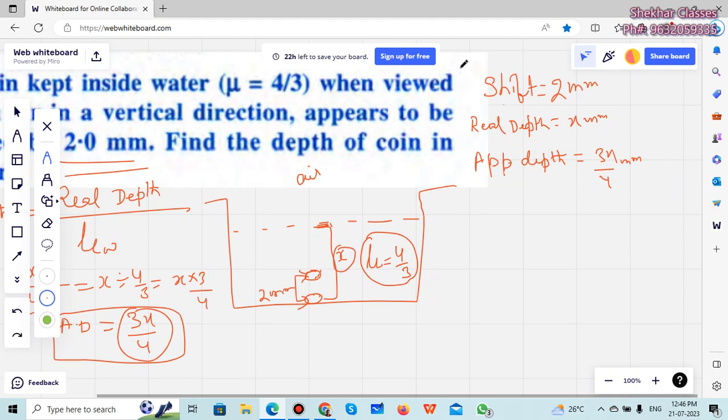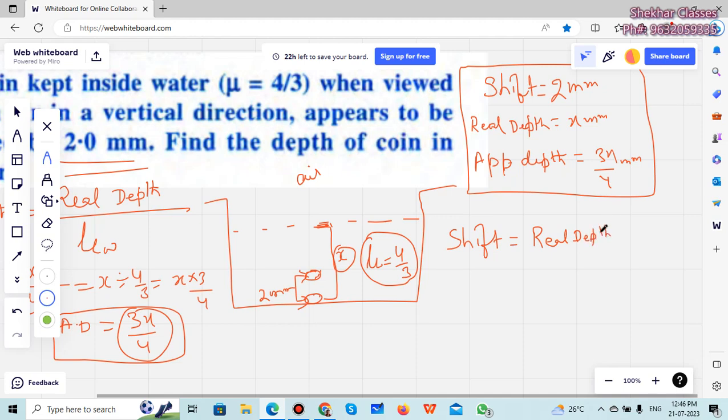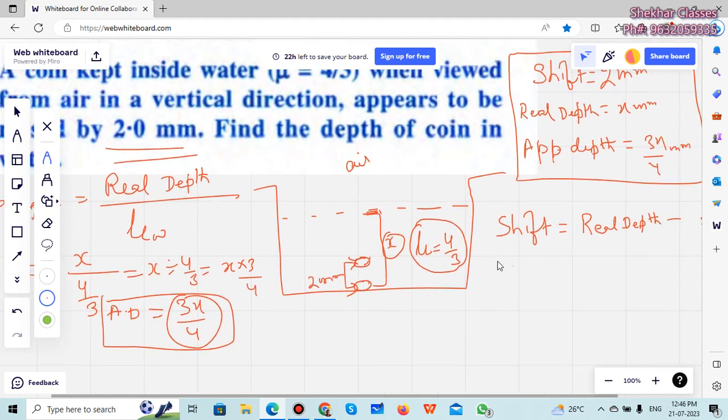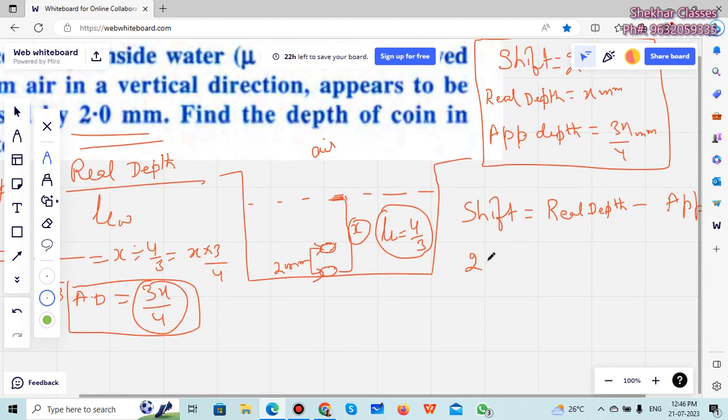Now what is the formula of a shift and real depth and apparent depth? Do you know that? Shift is equal to real depth minus apparent depth. So what is the shift? They have given the shift is 2 mm, so simply write 2. Real depth x, apparent depth 3x/4.